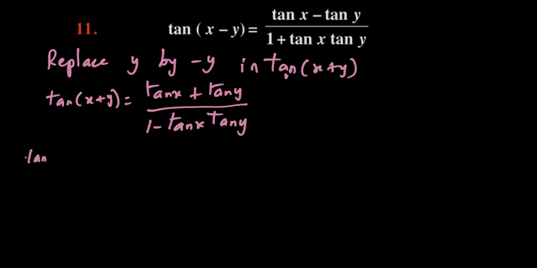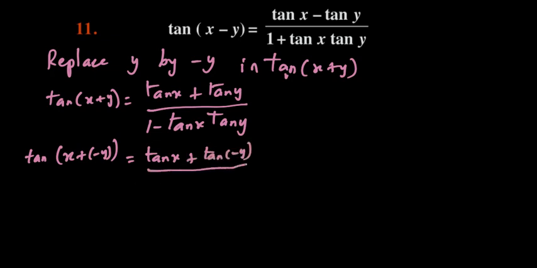So tan of x plus minus y equals tan x plus tan of minus y divided by 1 minus tan x into tan of minus y. Tan of minus y is nothing but minus tan y.